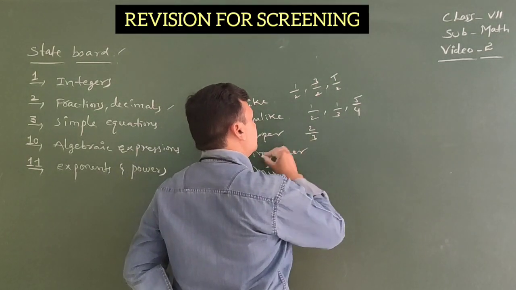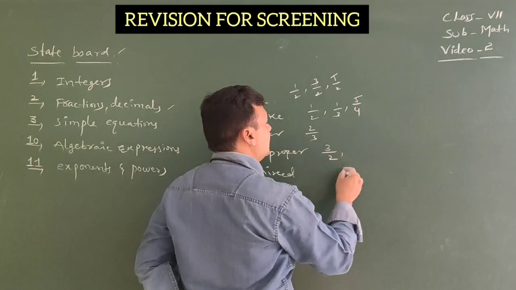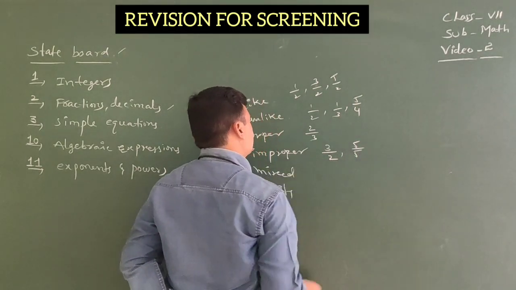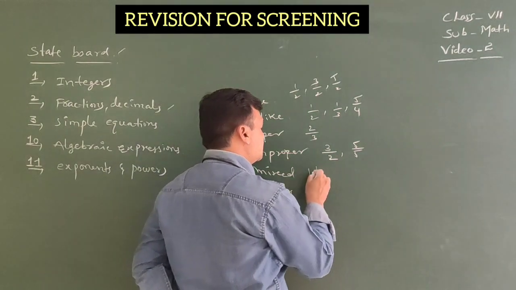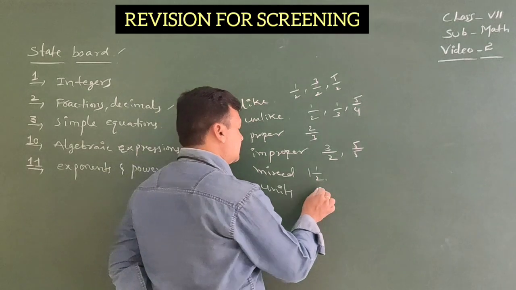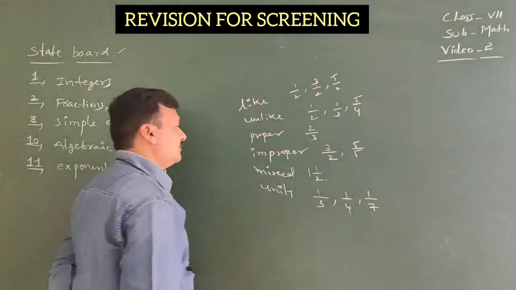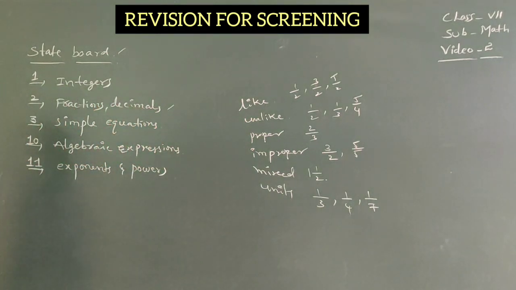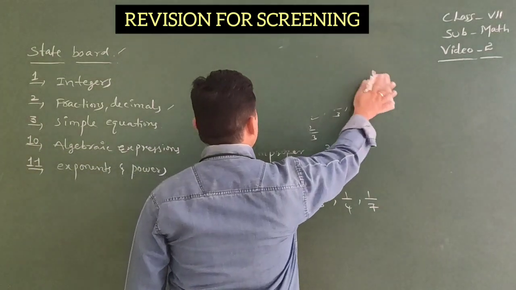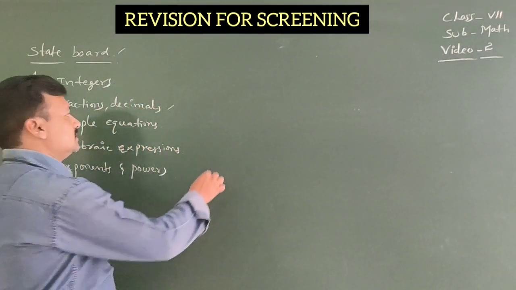Proper means the numerator is always less than the denominator. Improper means the numerator is greater than or equal to the denominator. Mixed means a combination of a whole number and a fraction. Unit fractions are fractions with the numerator 1. In this way we have different types of fractions, already completed. Next, operations on fractions.